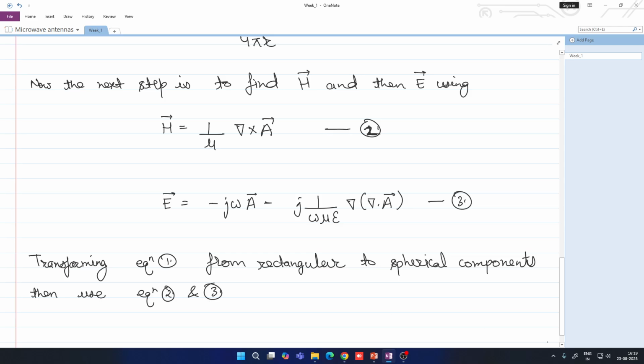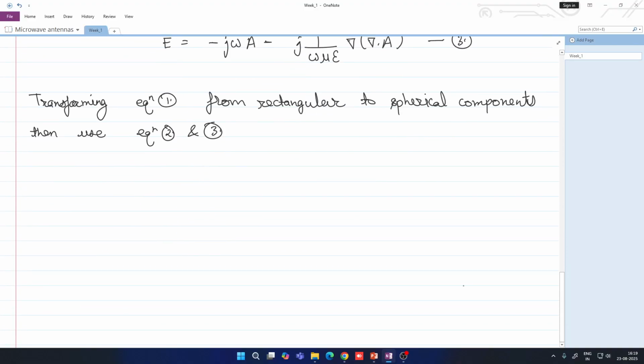So here we know that since the antenna is oriented along the x-axis, the magnetic vector potential components along y and z are going to be 0 in this case. And we know how to transform a rectangular coordinate system into the spherical coordinate system.